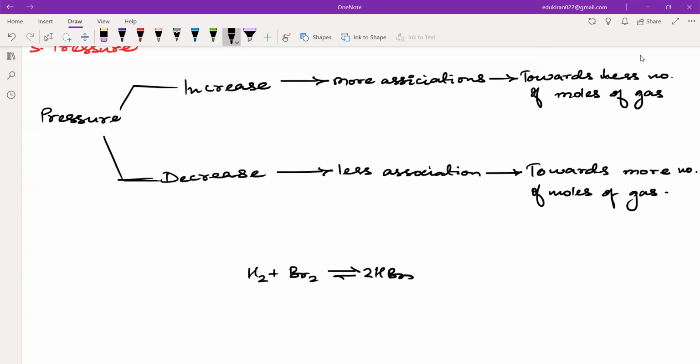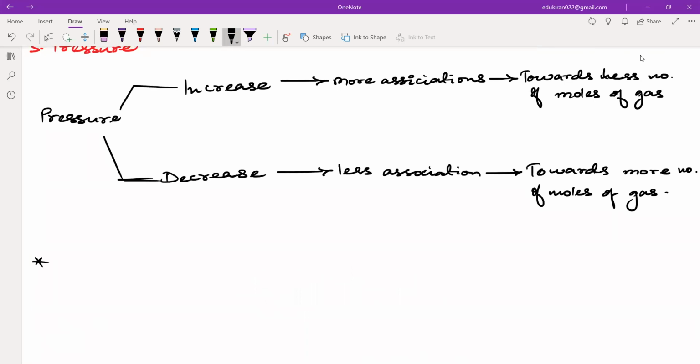Now in this case, here you have 1 mole of H2, 1 mole of Br2, so essentially we have 2 moles. And here also we have 2 moles, right? So there is no association, no dissociation happening here. Because in the reactant also 2 moles, in the product also 2 moles. So when we have the equal number of moles of gases in both reactant and product, the pressure has no effect.